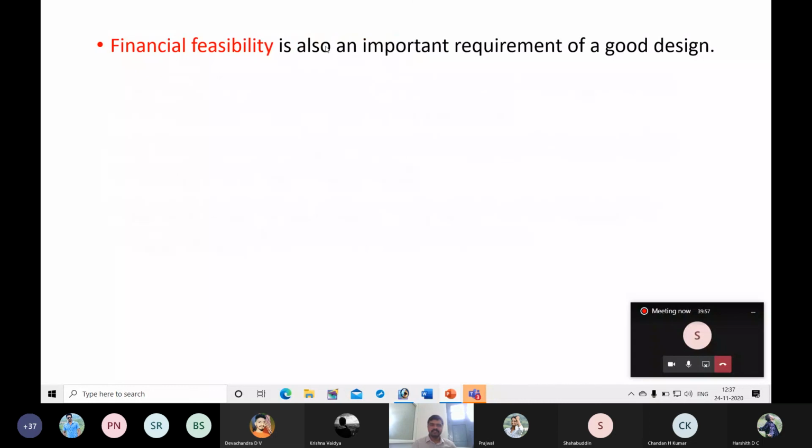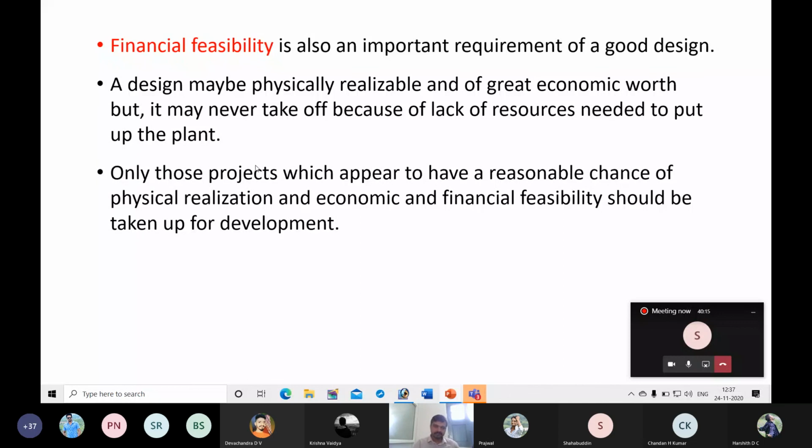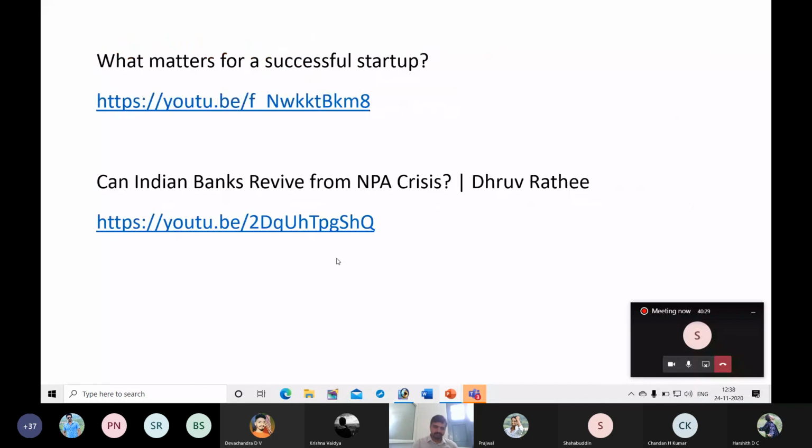Next, financial feasibility is also an important requirement. A design may be physically realizable and of great economic worth, but it may never take off because of lack of resources needed to put up the plant. Only those projects which appear to have a reasonable chance of physical realization and economic and financial feasibility should be taken up for development.